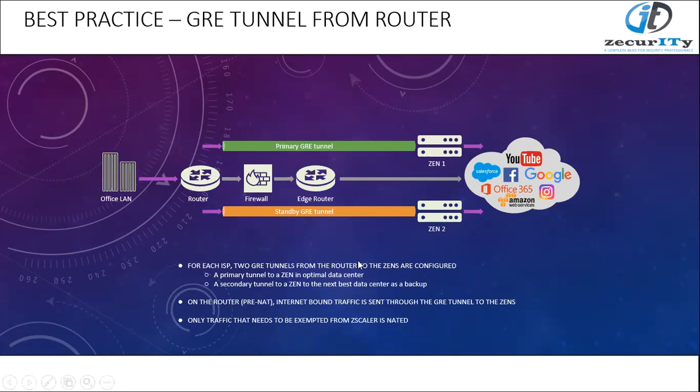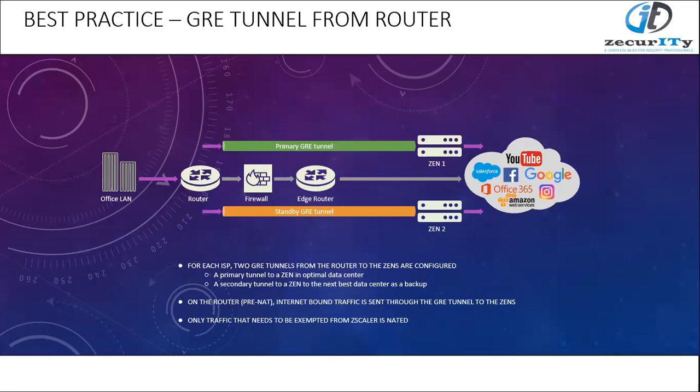Typically the head offices or data centers will have multiple internet ISPs. So you need to create two internet GRE tunnels towards Zscaler to ensure redundancy. If you have multiple ISPs, you need to ensure two GRE tunnels from each ISP. The primary tunnel will go to the optimal data center of Zscaler.